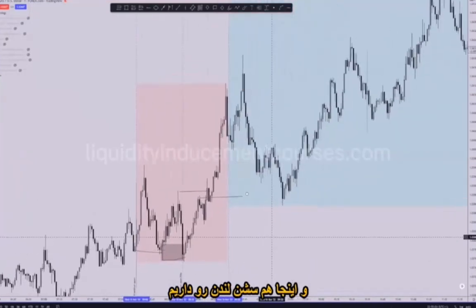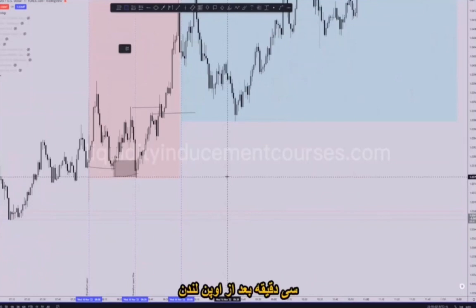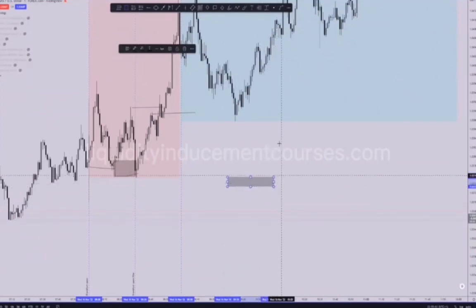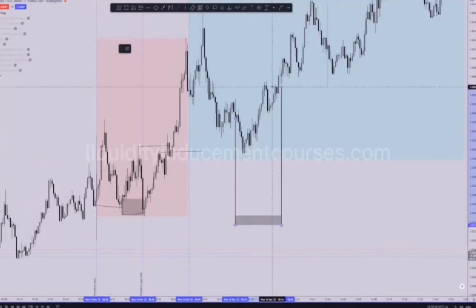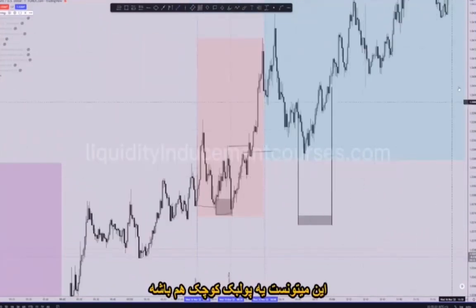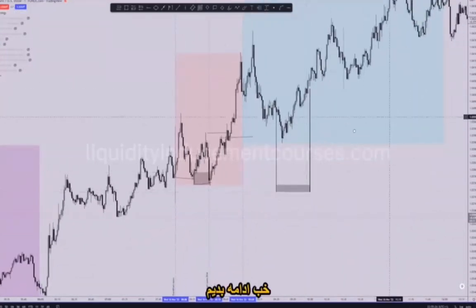And here, London session, 30 minutes after session open, price gives us a nice reversal for the early session or for the whole day. It can be a small pullback as well.